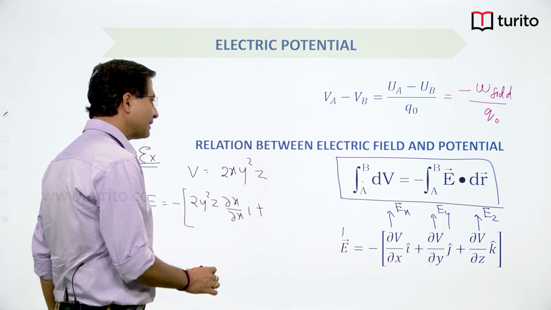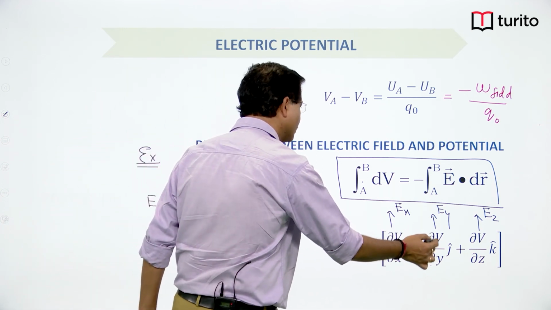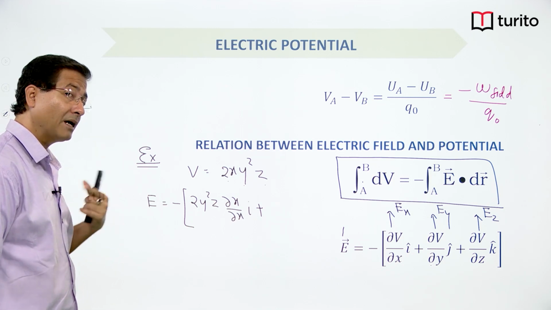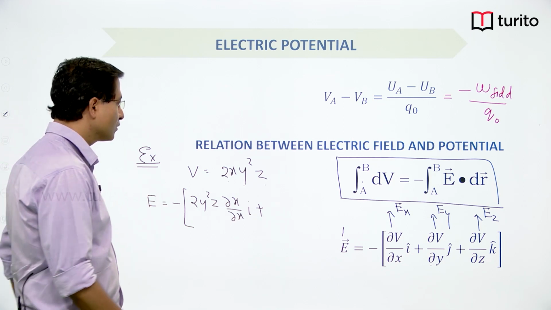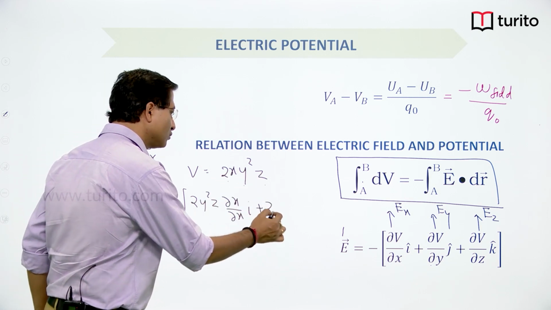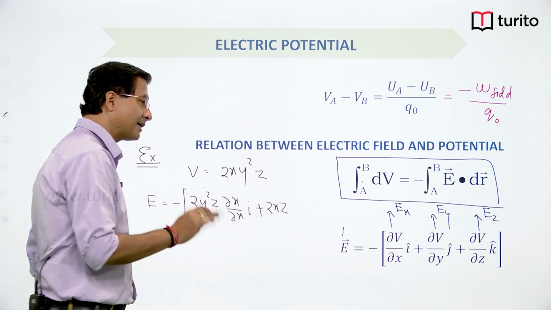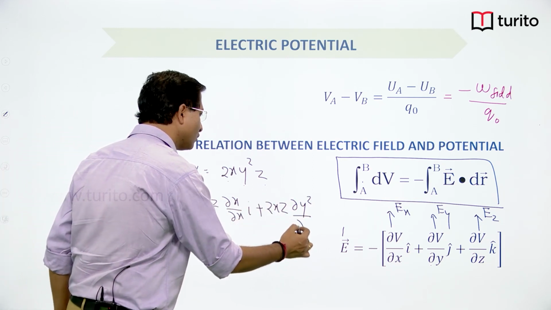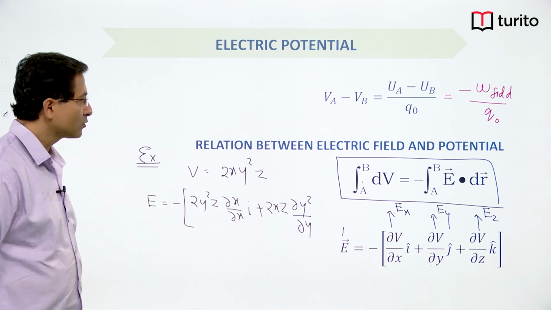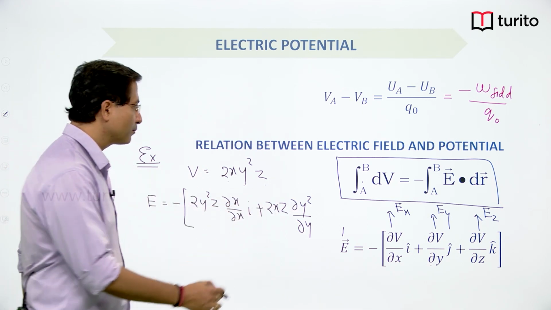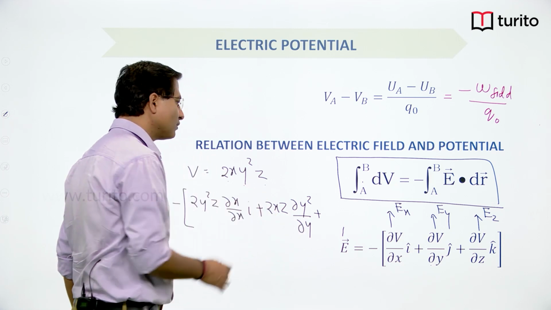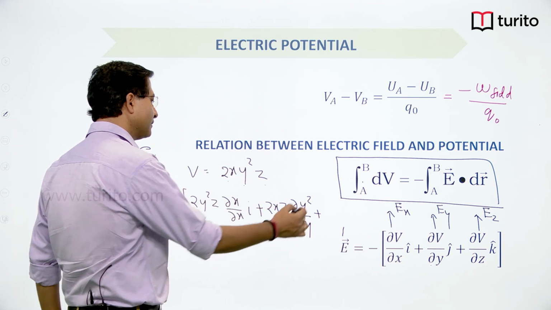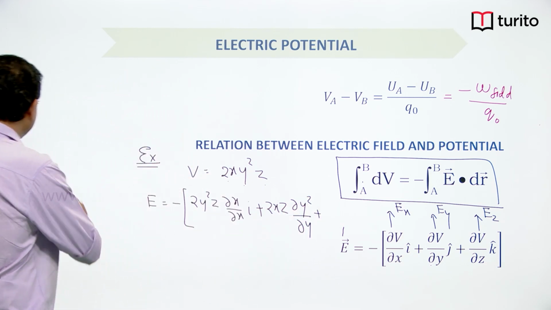Now, in the second term we have to differentiate potential partially with respect to y. So, 2xz is common, 2xz we can take out. Now, we need to differentiate partially the whole expression, so y square will be inside. Plus the last one, differentiate partially with respect to z.